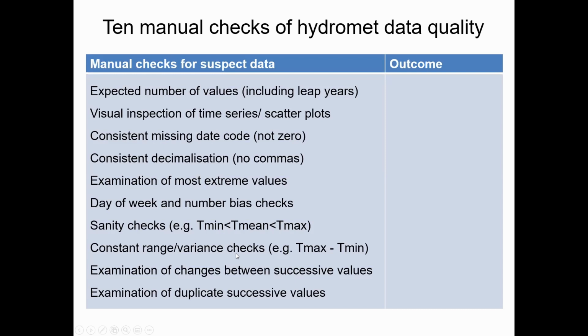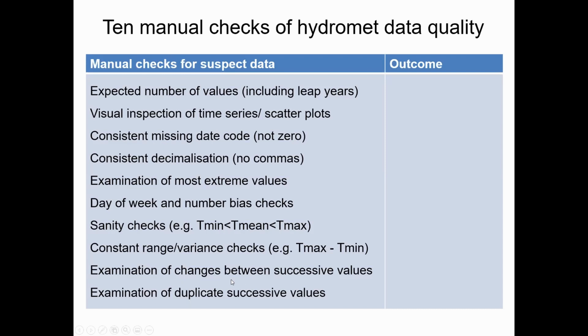So obviously it can't be. It just can't be. So that's a very good check. Looking at the range of the values, say between the maximum and the minimum, can sometimes tell us if the instrument has been moved, say from a shaded location to an unshaded one. That will show up in the range of the data.